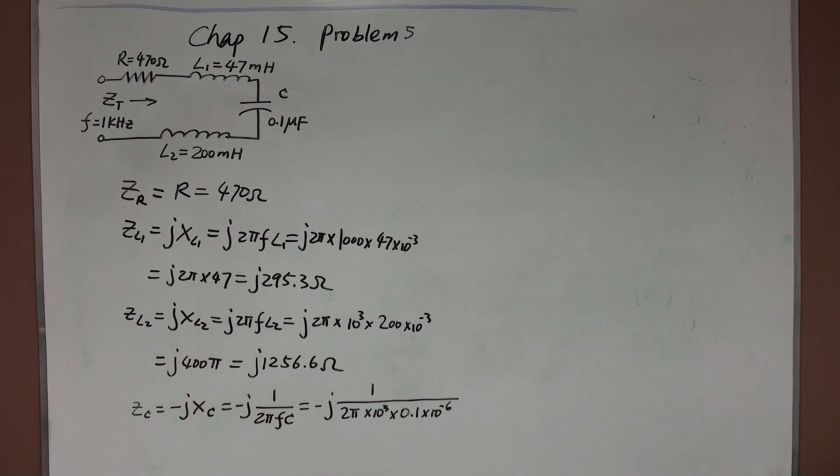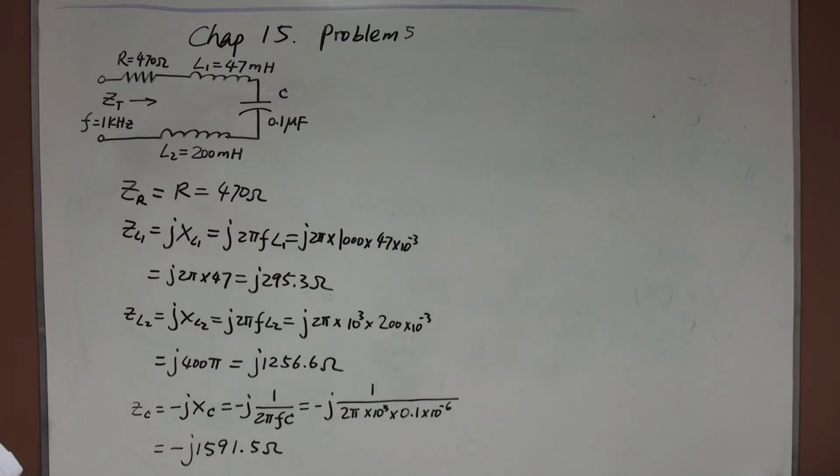So if you do the calculation, this becomes 10 to the power of negative 3. So, anyway, if you multiply all these values together, you will have negative j times 1591.5 ohms. Okay, so that will be the impedance for the capacitor.